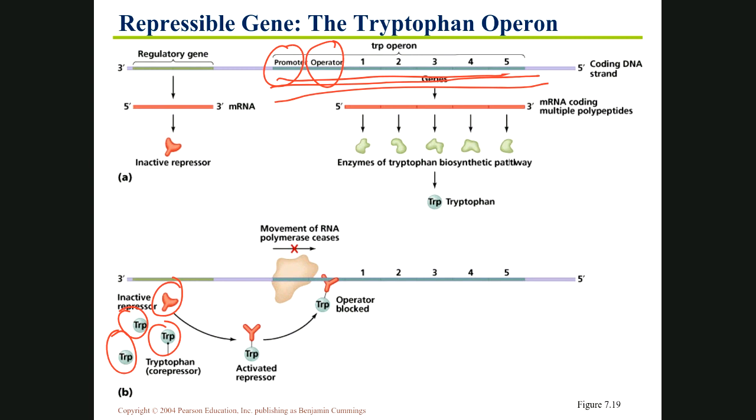So when there's excess tryptophan, it accumulates and is available to bind to the repressor. The repressor, when bound by tryptophan, becomes active. It sits on the operator side and prevents RNA polymerase from proceeding and transcribing. And that's how the gene is turned off.